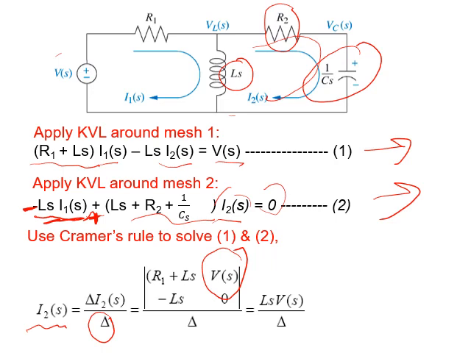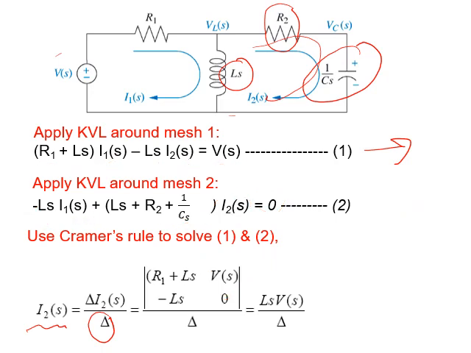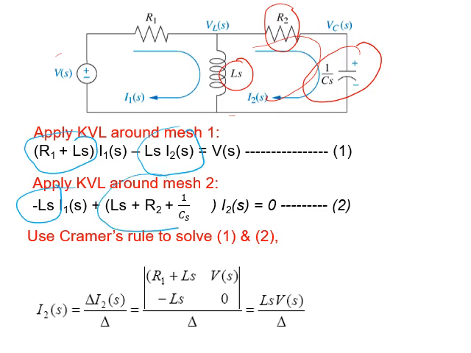Let me just erase this. Delta is this element with this element and this element with this element. This is delta. So when we put this determinant in the denominator and solve them, we are going to find the solution in the next slide.